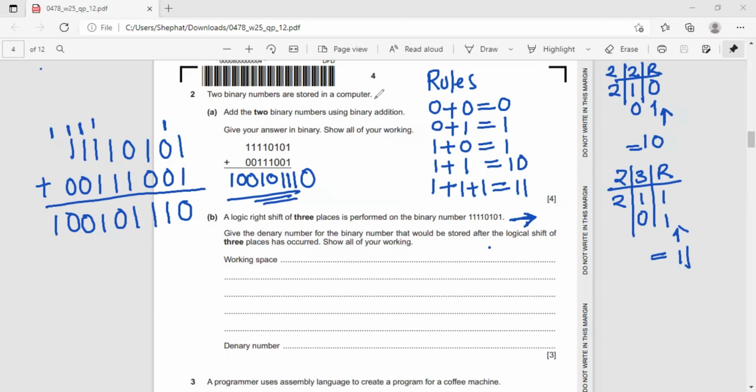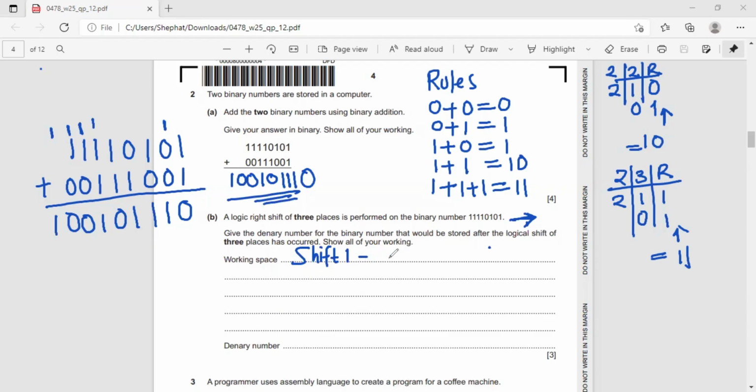So when we do the first shift, when we shift to the right here, this 1 will become a 0, and then when you shift this side, this 1, when it shifts, it goes beyond.